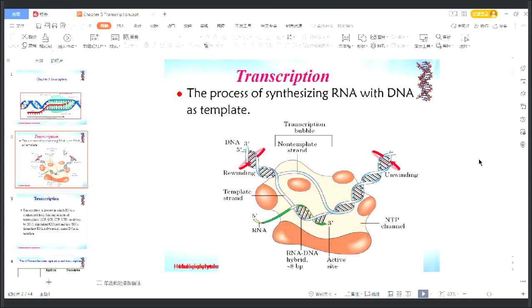Thirdly, the double helix structure wants to be relaxed, and at that time it wants to form the single strand.